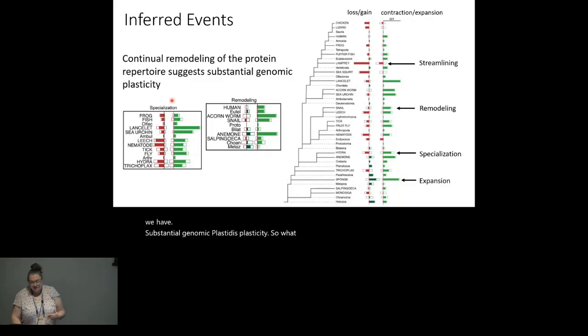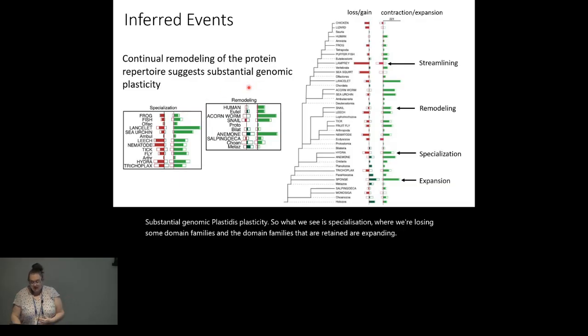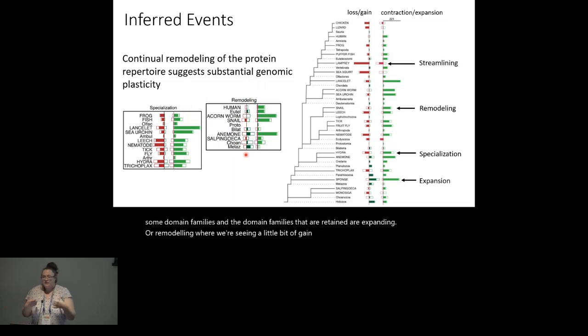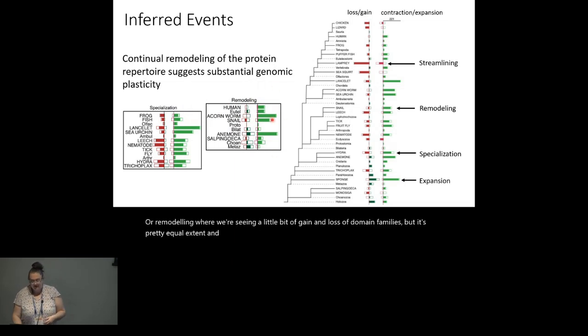So we see specialization, where we're losing some domain families and the domain families that are retained are expanding, or remodeling, where we're seeing a little bit of gain and loss of domain families, but it's pretty equal extent. And then again, the main families that are being retained are expanding.